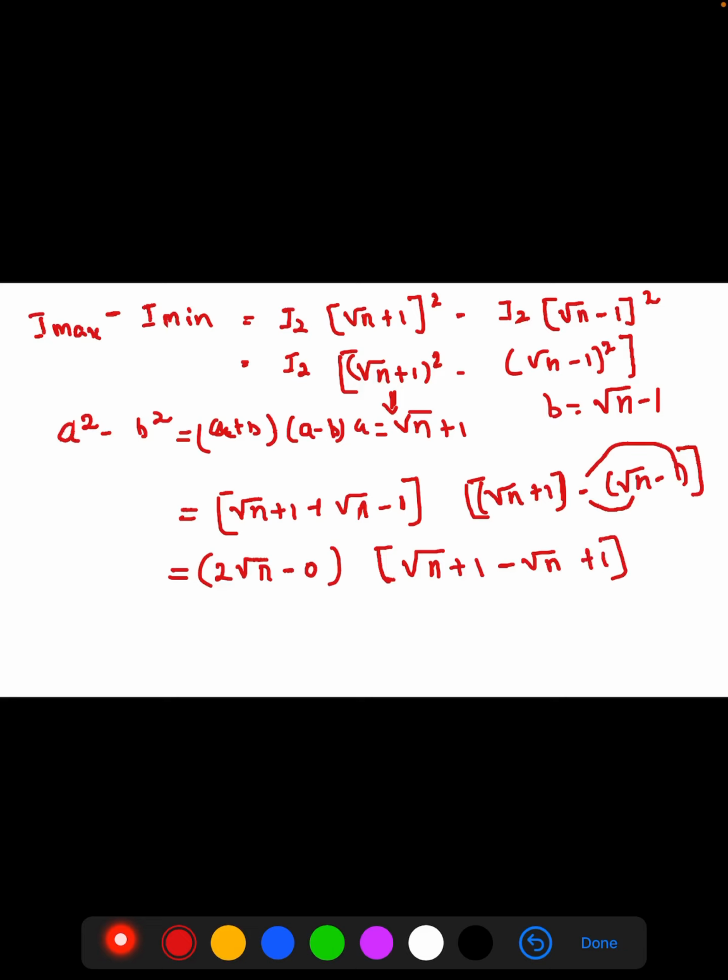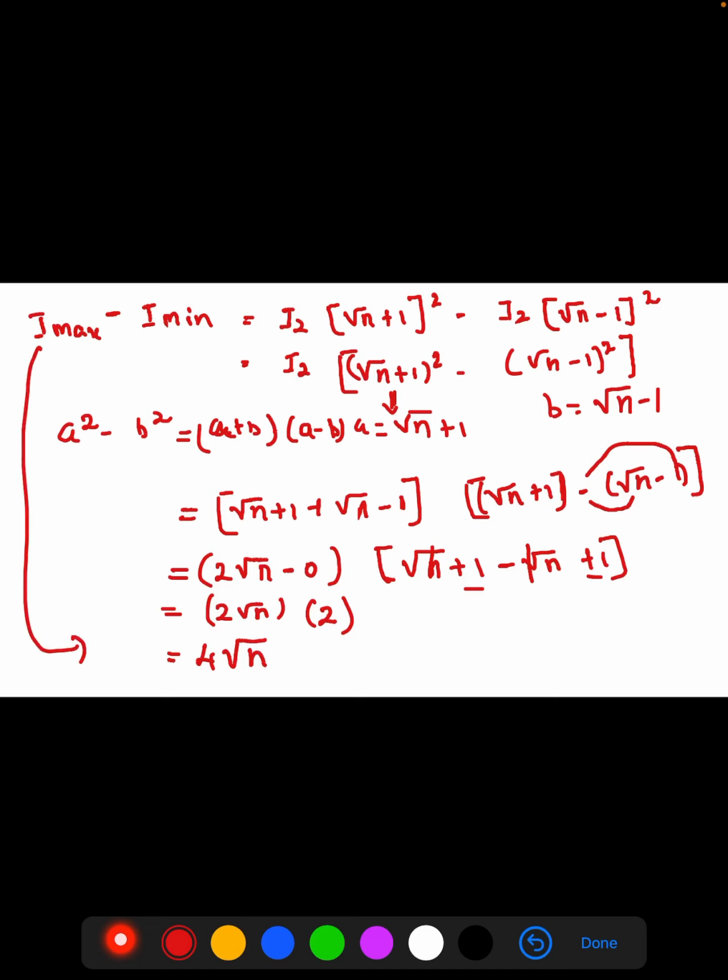You can shorten it: root n minus root n will cancel, and 1 plus 1 you will get 2. So you will get 2 into 2, that is 4 square root n. So that is your I max minus I minimum.